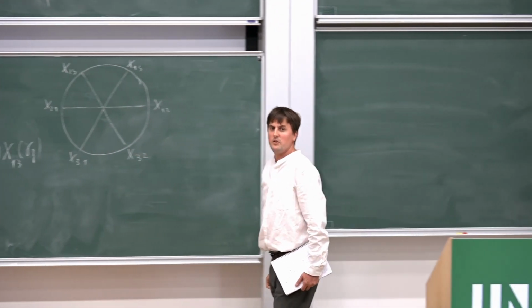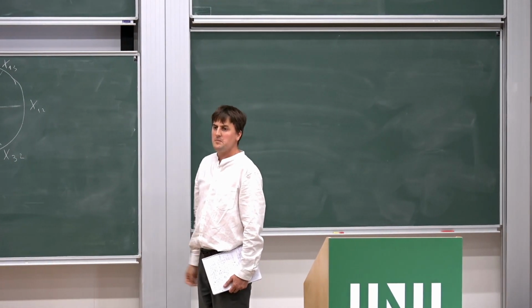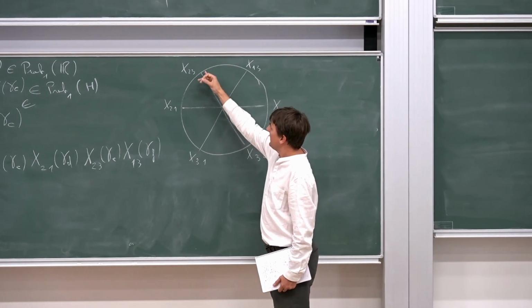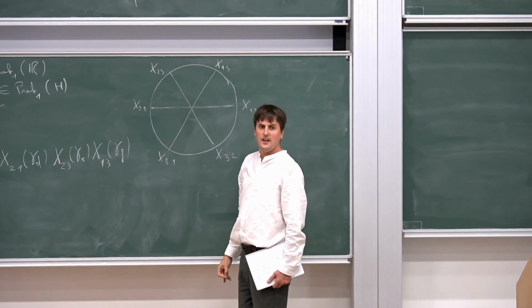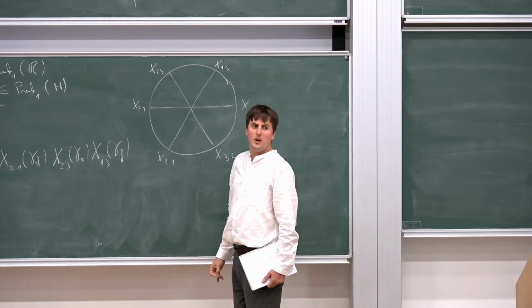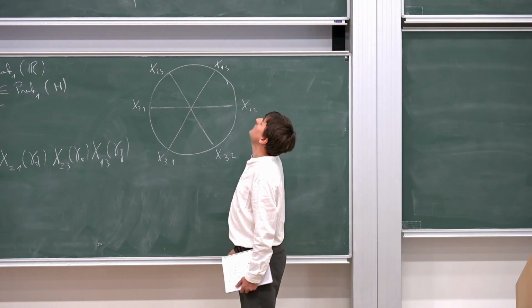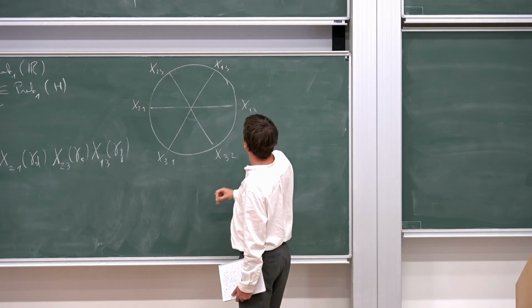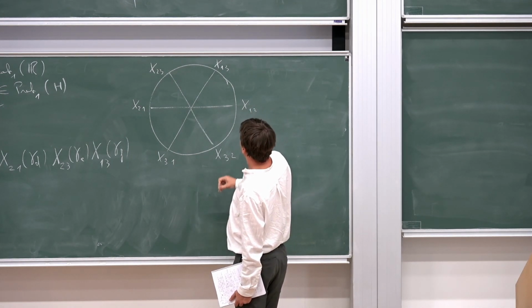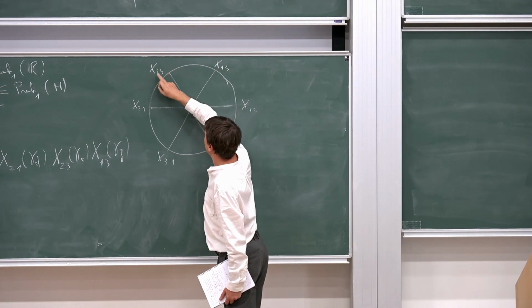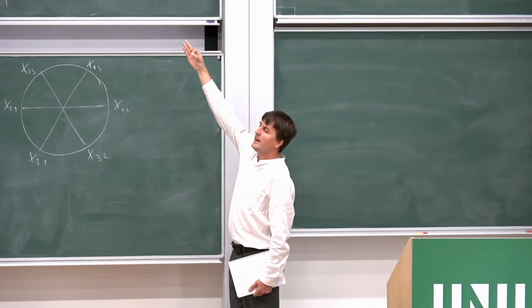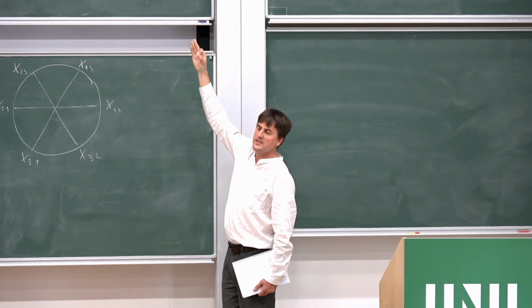And the algebra behind it exactly says that on this diagram, if I take 3 consecutive vertices, they will generate a copy of H inside SL3(R). So for example, if I consider these 3 vertices, this, this, and this, these are exactly the standard embedding of H into SL3(R).